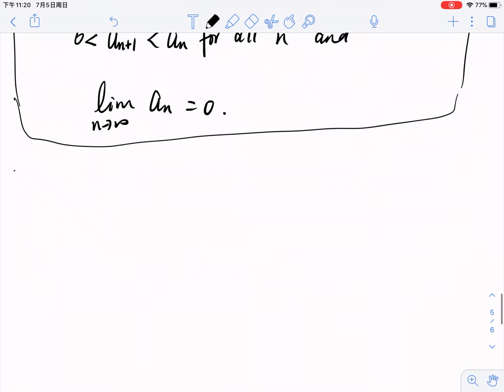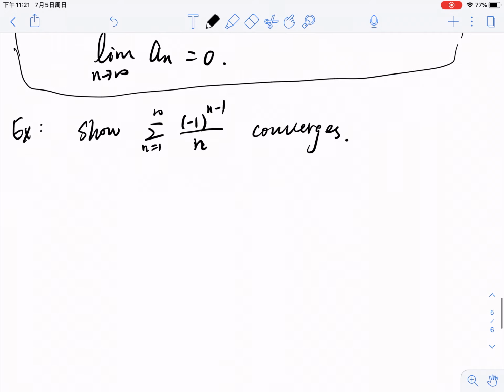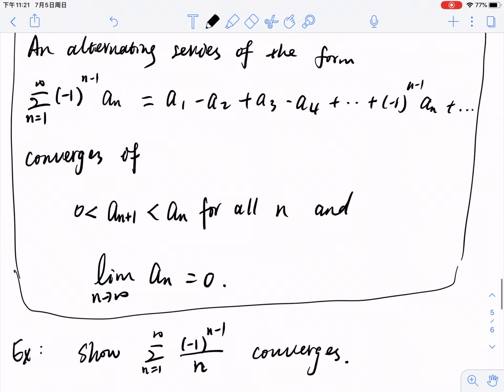So now we look at an example. Show the alternating series converges. So this is an alternating series of this form.